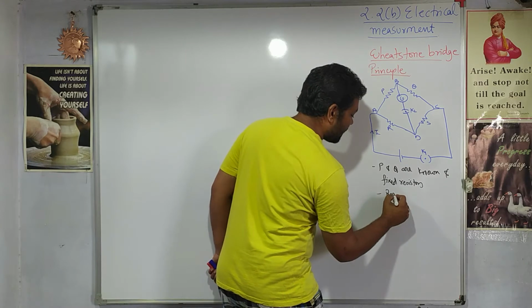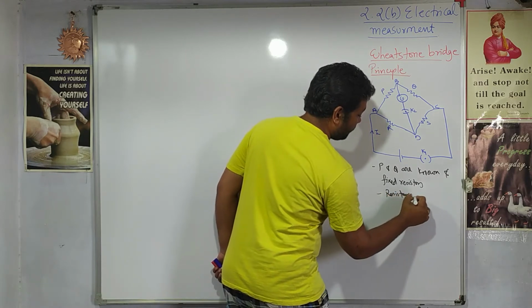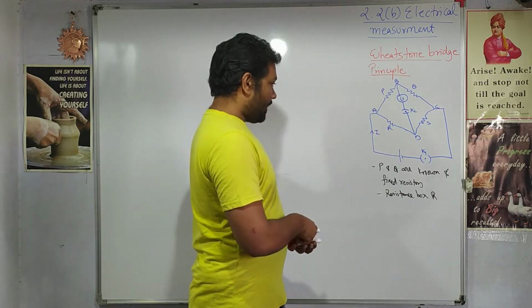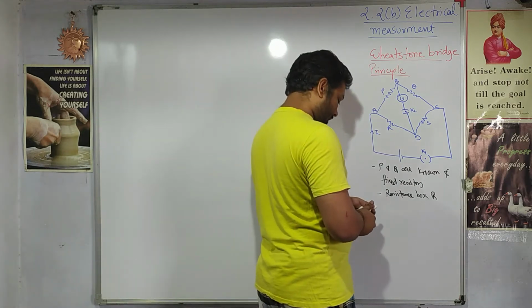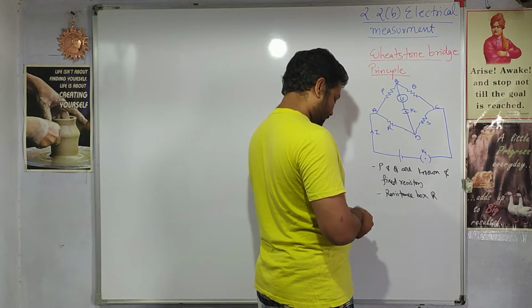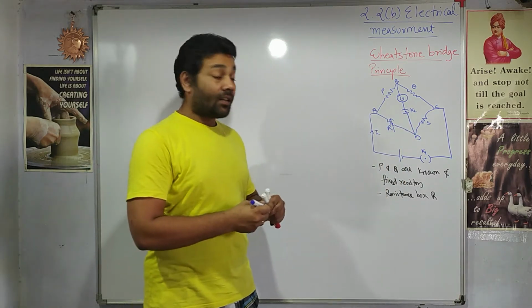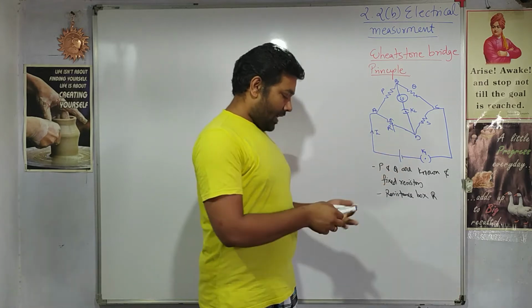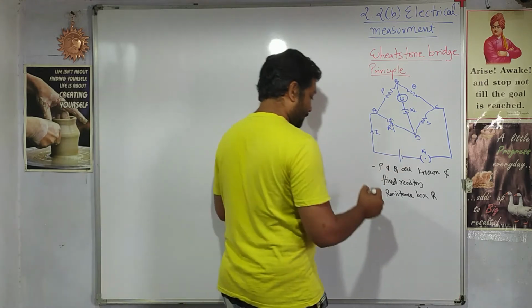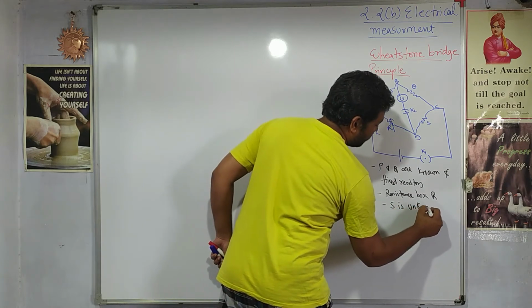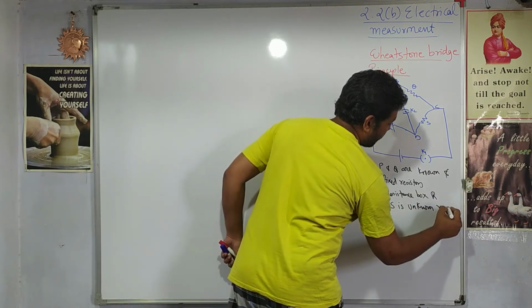Then we have a resistance box R. This can be denoted by the symbol of a resistance box. Its resistance can be changed. S is the unknown resistor.